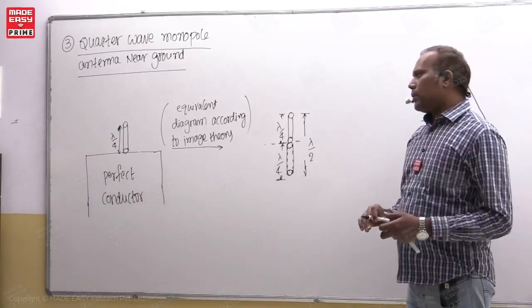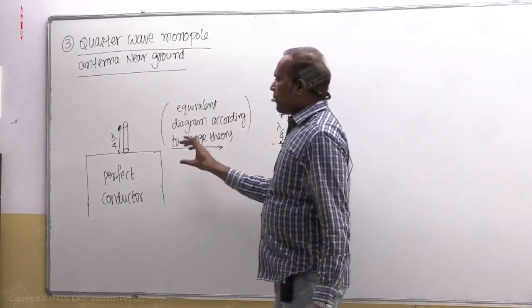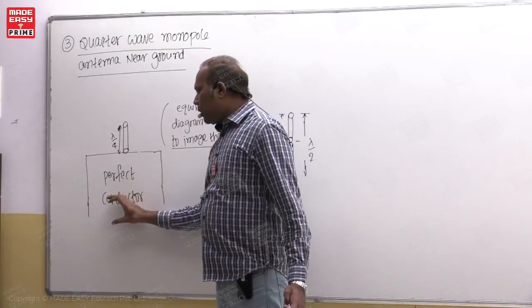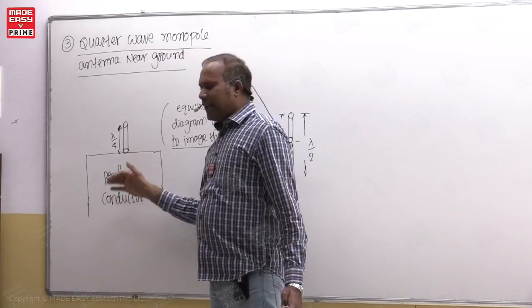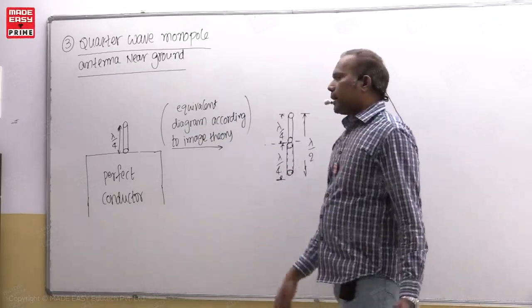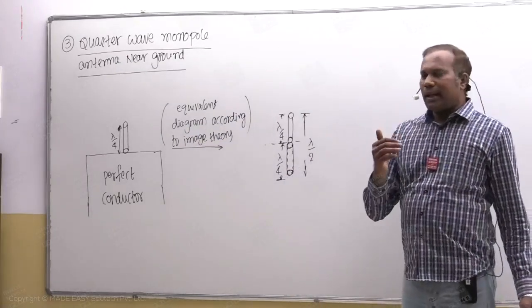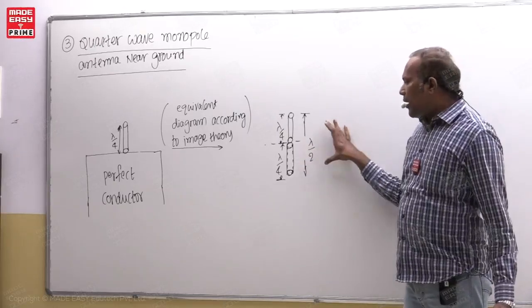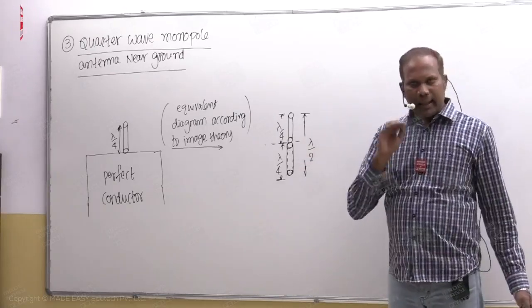So the conclusion is that a lambda by 4 antenna near the ground, or otherwise a perfect conductor (ground means the earth surface also behaves like a conductor), behaves like a lambda by 2 antenna.